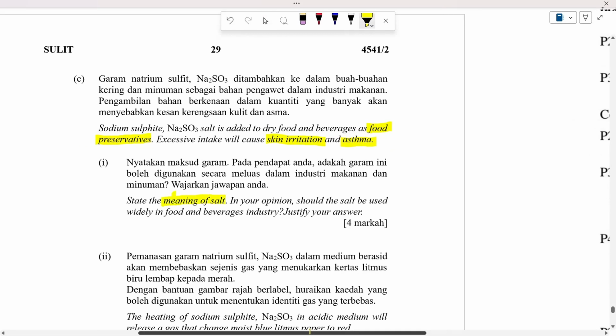Then, in your opinion, should the salt be used widely in the food and beverage industry? So you need to justify. First question, you need to define the meaning of salt. So what is the meaning of salt, class? It is a substance or compound, right, made up from?